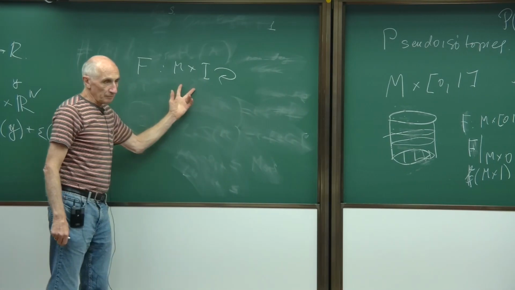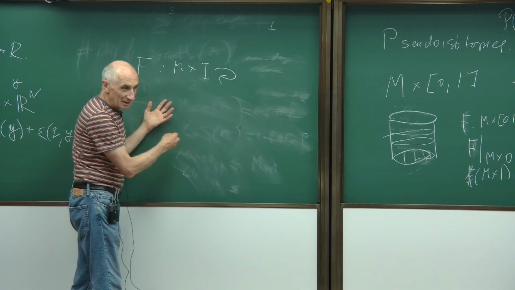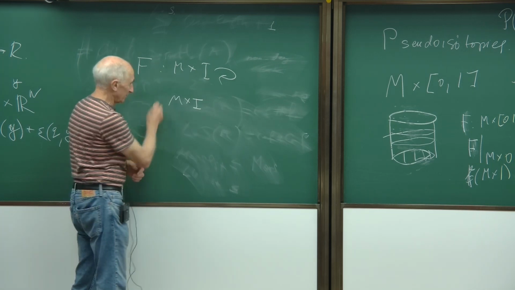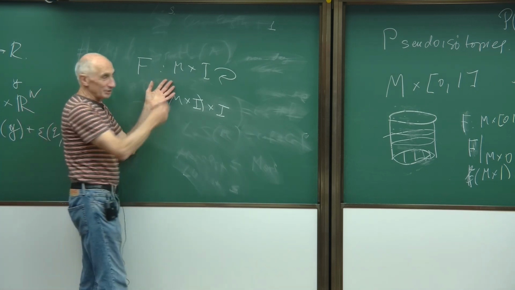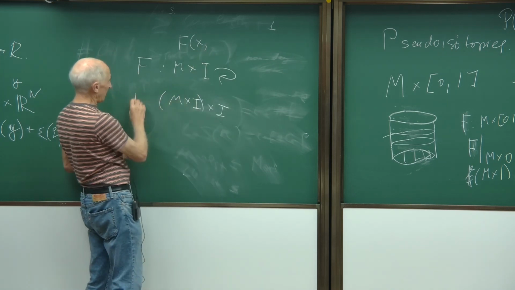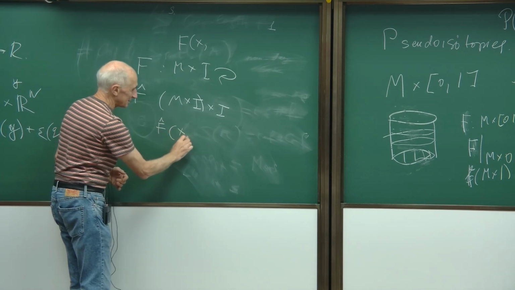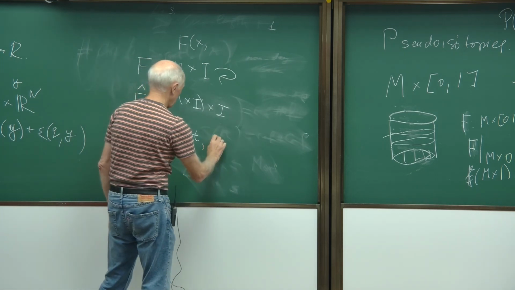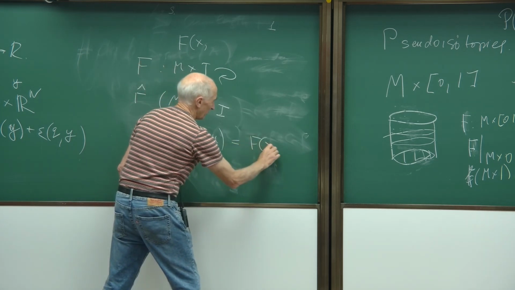So suppose you have m cross I, and I want to stabilize it. That means I want to define an isotopy on m cross I. What I would like to say is that f hat of x, t, u is just equal to f of x, t, u.